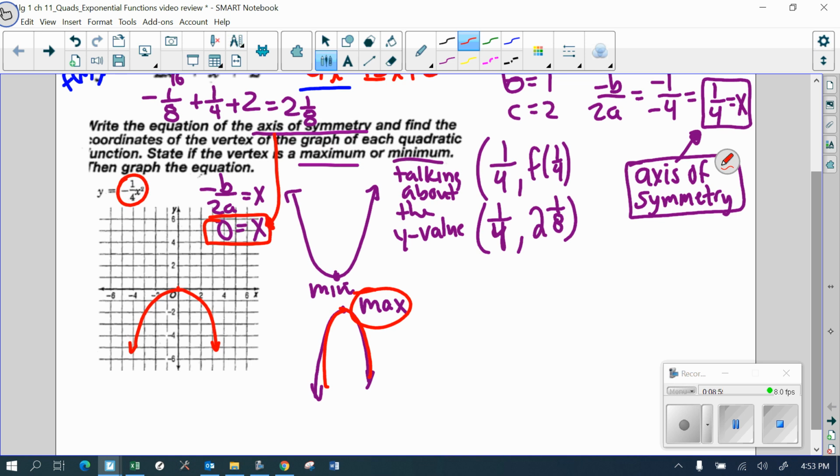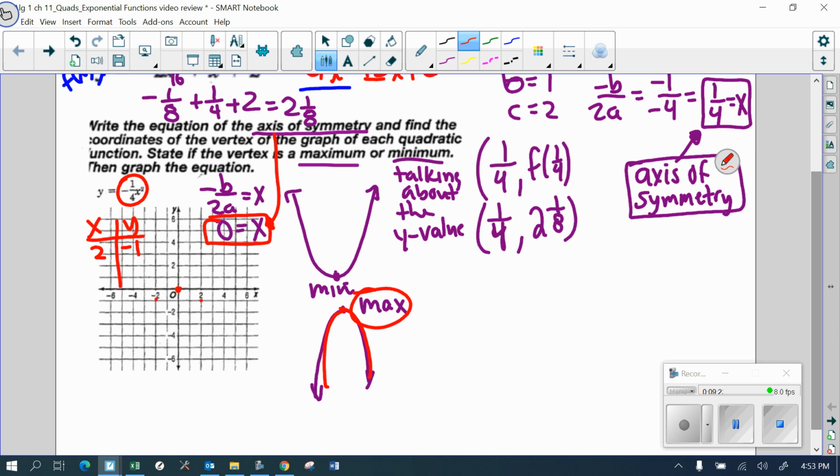If I technically wanted to plug in points and use my own brain, I know the vertex there. I want to plug in values that will cancel with 4, so I want multiples of 4. I plug in 2 for the x, I get 4, and the 4 cancels with 4, and I get negative 1. So (2, -1). From the vertex, go right 2, down 1.